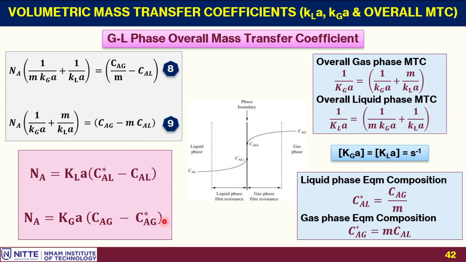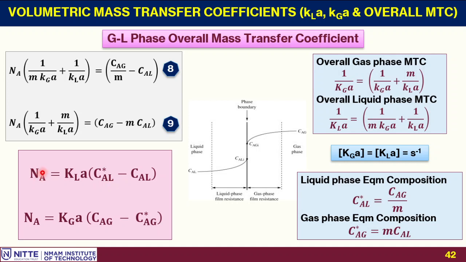So here C star AG is the equilibrium composition, that is the solubility of molecule A in the gas phase. These two equations, what do they represent? They represent mass flow rate or molar flow rate, depending upon the concentration terminology that we use here.